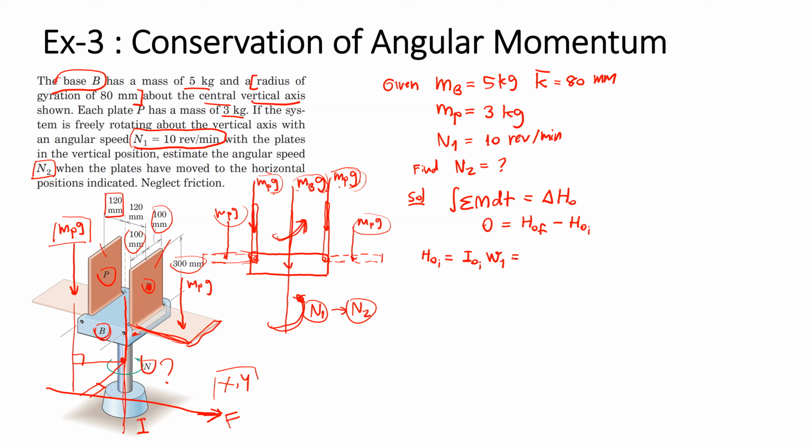The moment of inertia about the axis of rotation, which is this one, should come from the inertia property of the base frame and the inertia property of the plate.